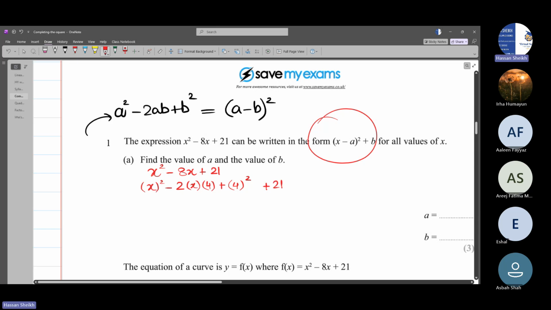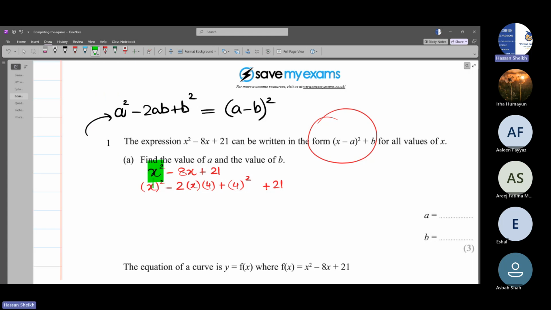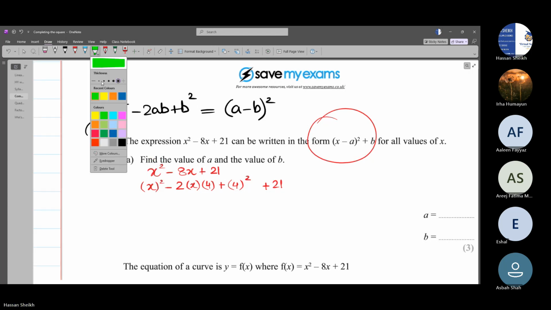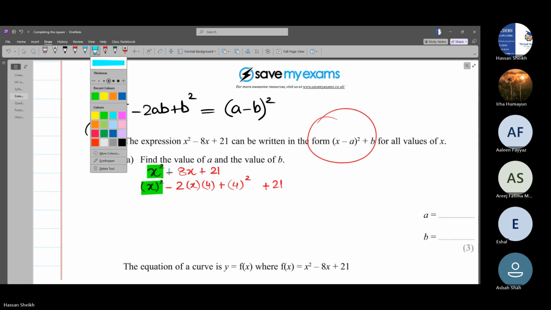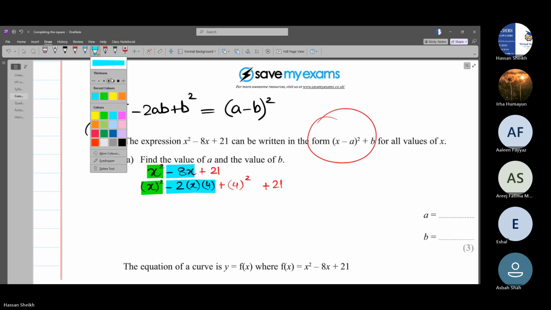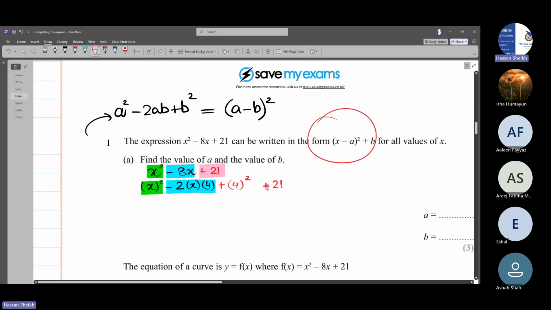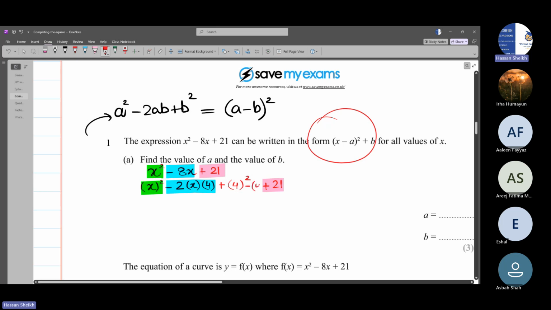Yes. And plus 21 is already there. So remember, this has turned into this. Agree? 21 was already there. So we added plus 4 square. We must subtract this as well.